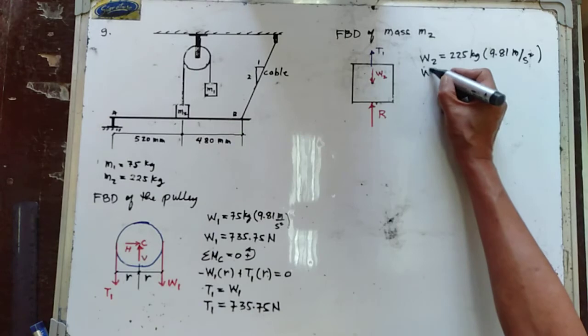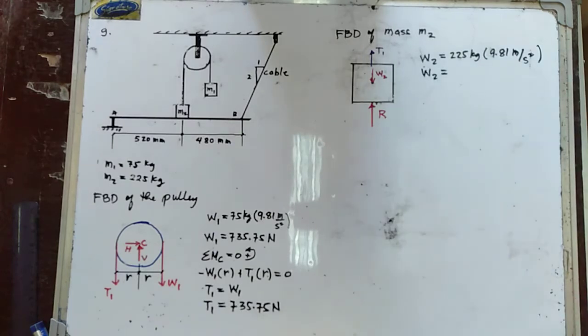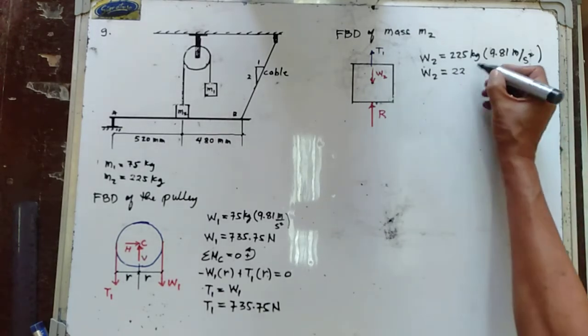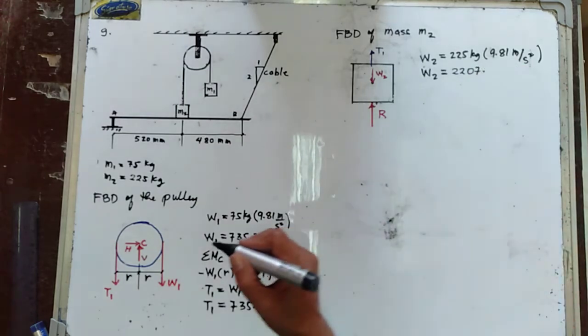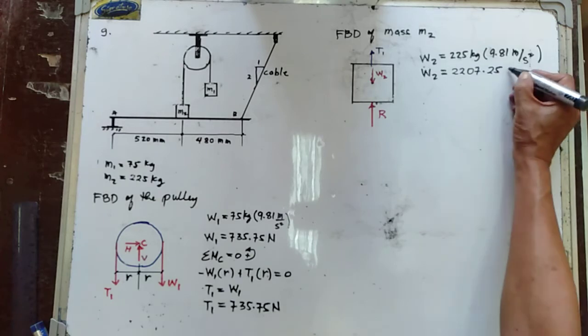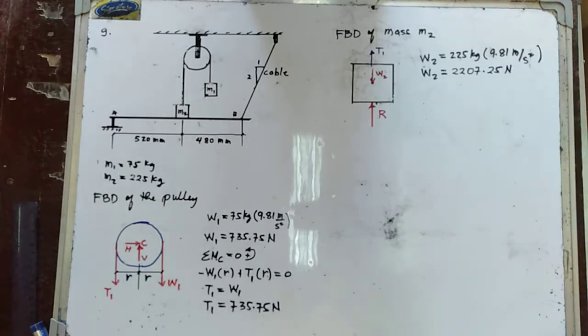So your W2 is now equal to 2207.25 kilogram meter per second square, or that is in newtons.